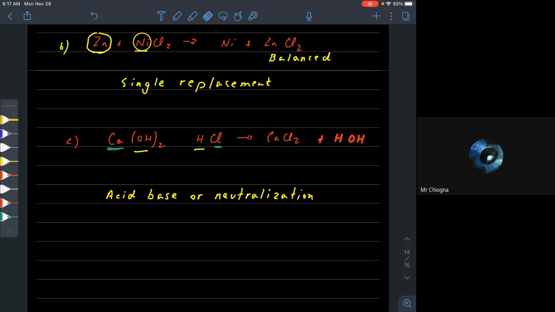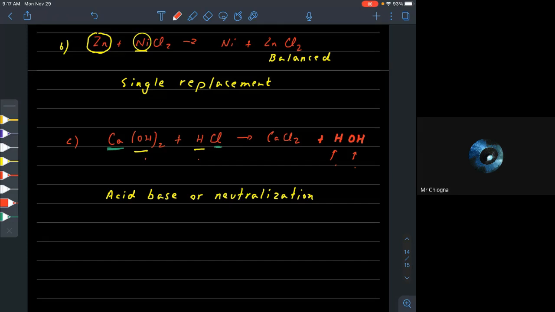How do we do it? We try to balance the hydrogen and the hydroxide. We should have the same number of hydrogen on both sides. There's one hydrogen here and one here. So far it's balanced. We also have to balance the hydroxide. There's one here, there's two here. So look what I'm doing.